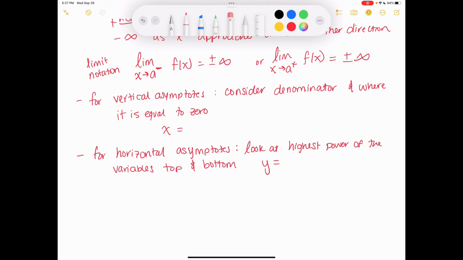So something to note is that asymptotes are written as an equation of a line.